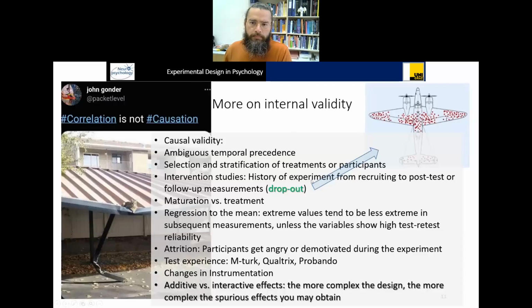In intervention studies, you also would very much like to record precisely everything happening in the data collection, from recruiting of participants to the end of the post-test or follow-up measurements. Why that?